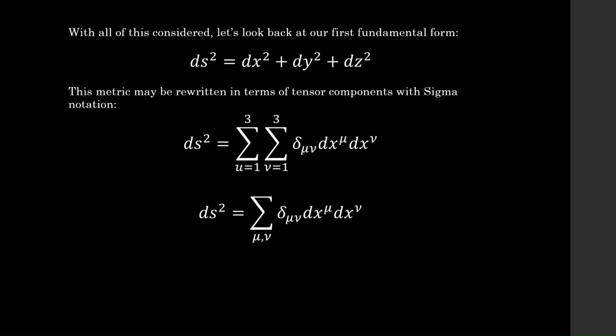And then, since we already know what we're implicitly summing over, we can just eliminate the sigma notation altogether. So all of this information is contained in delta mu nu times the contravariant differentials dx mu and dx nu. This is just another way to write our metric.